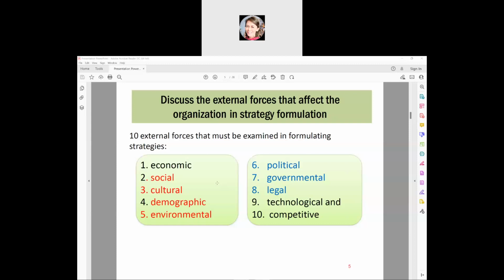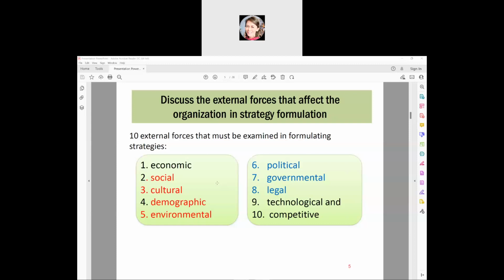The second one is social. Now, social forces are equally significant. Social forces could include various social issues, events, or movements. If you can imagine how the MCO or the Movement Control Order has tremendously affected our movement, the business environment, business operations.